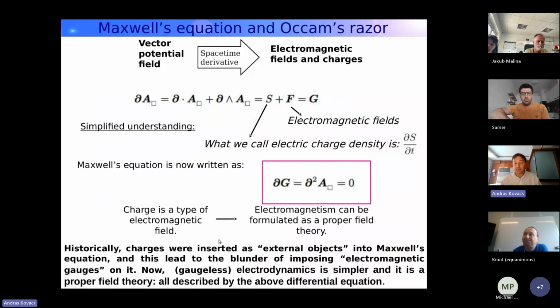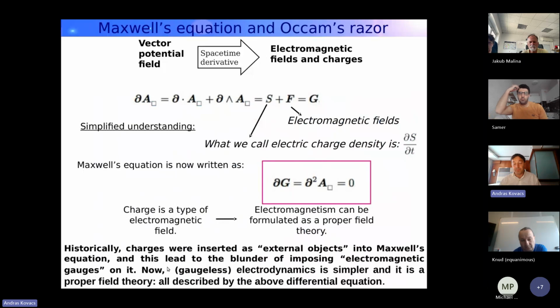And so what do we see here happening? Historically, the charges were inserted as external objects into Maxwell's equation, and because charges were put in as external unidentified objects, the electromagnetic gauges were imposed on those to get rid of any scalars that were just messing up the Maxwell's equations.